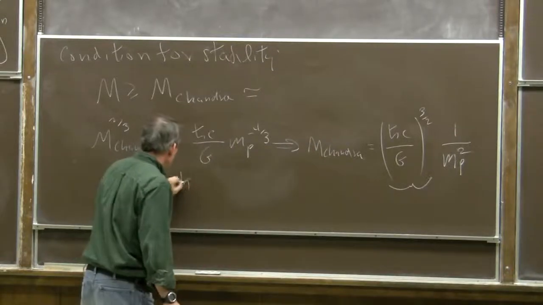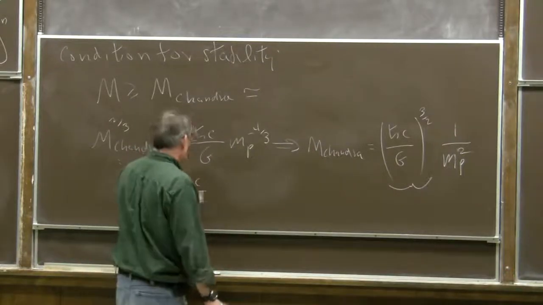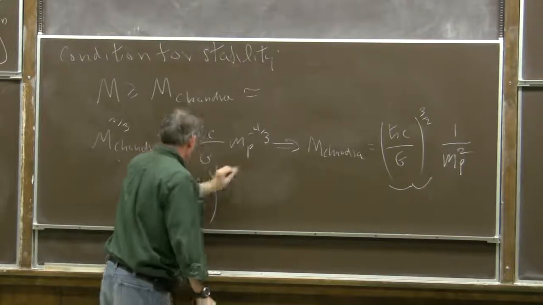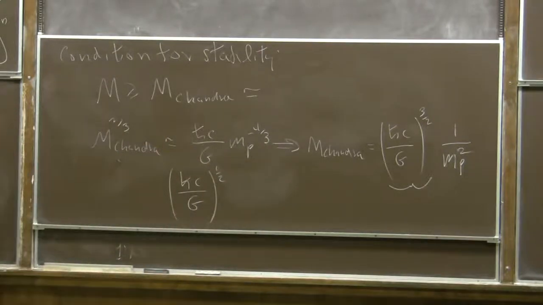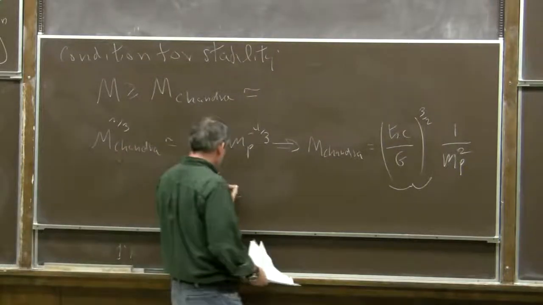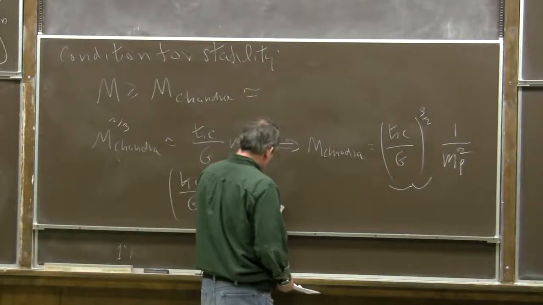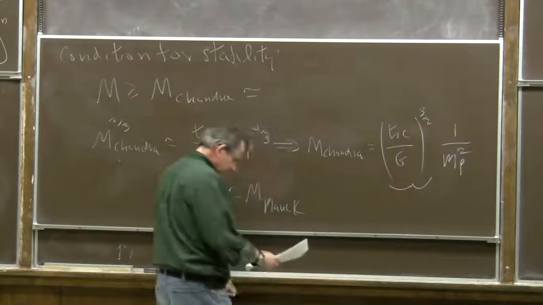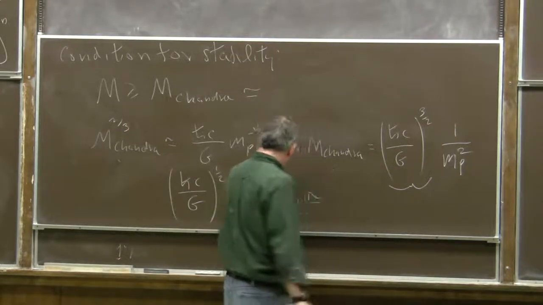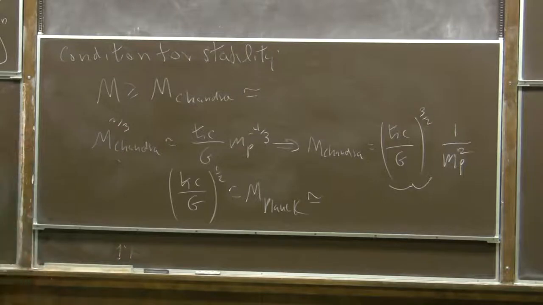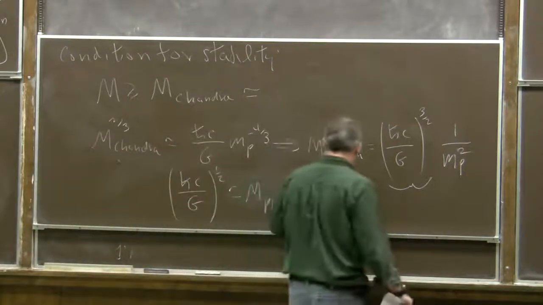H bar c over G to the 1/2 is a mass. We can make something with the dimensions of mass out of those fundamental constants, h bar, c, and G. Anybody know what that mass is called? Yeah, we call it the Planck mass. And anybody know what it is numerically? In grams, it's 10 to the minus 5 grams.